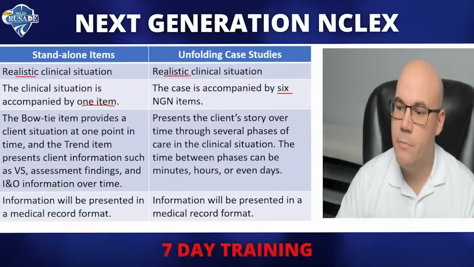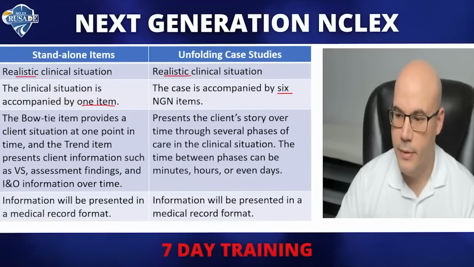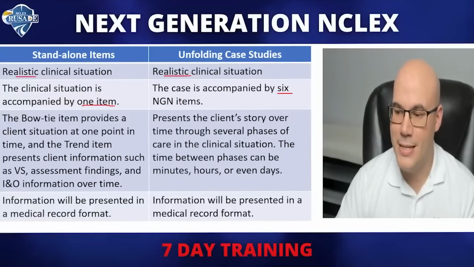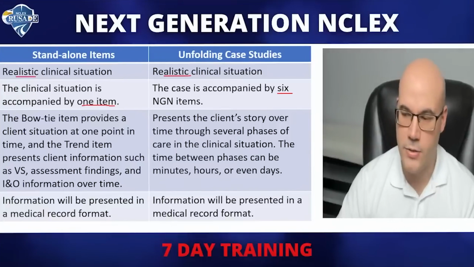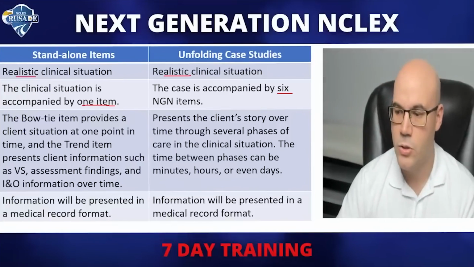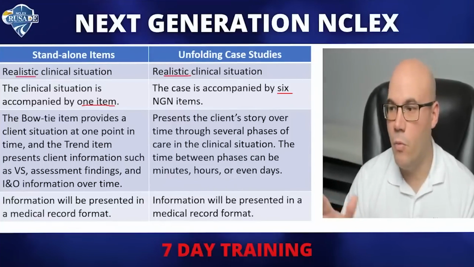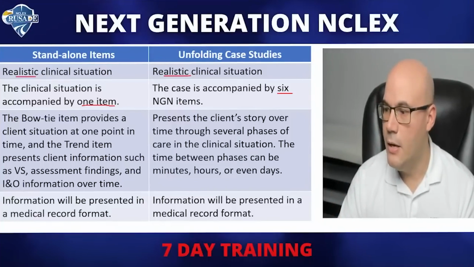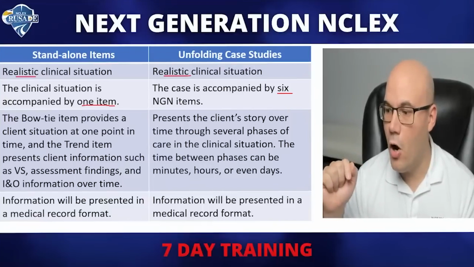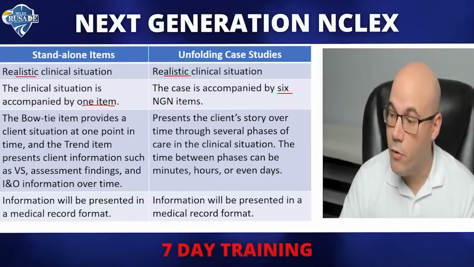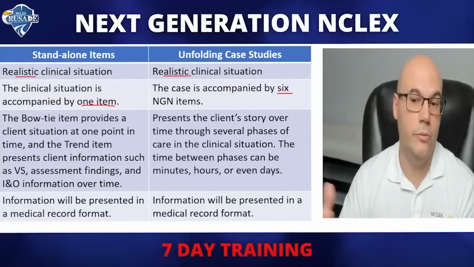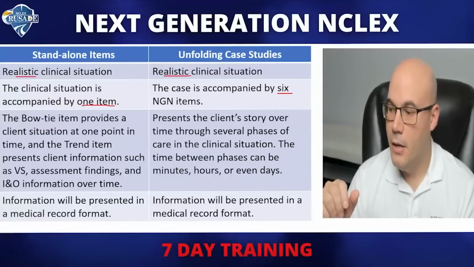The standalone items will provide a client situation at one point in time, and the trend item presents client information such as vital signs, assessment findings, and I&Os over time. So that is the standalone item. Whereas unfolding case studies present a story over time through several phases, like I told you at the beginning.